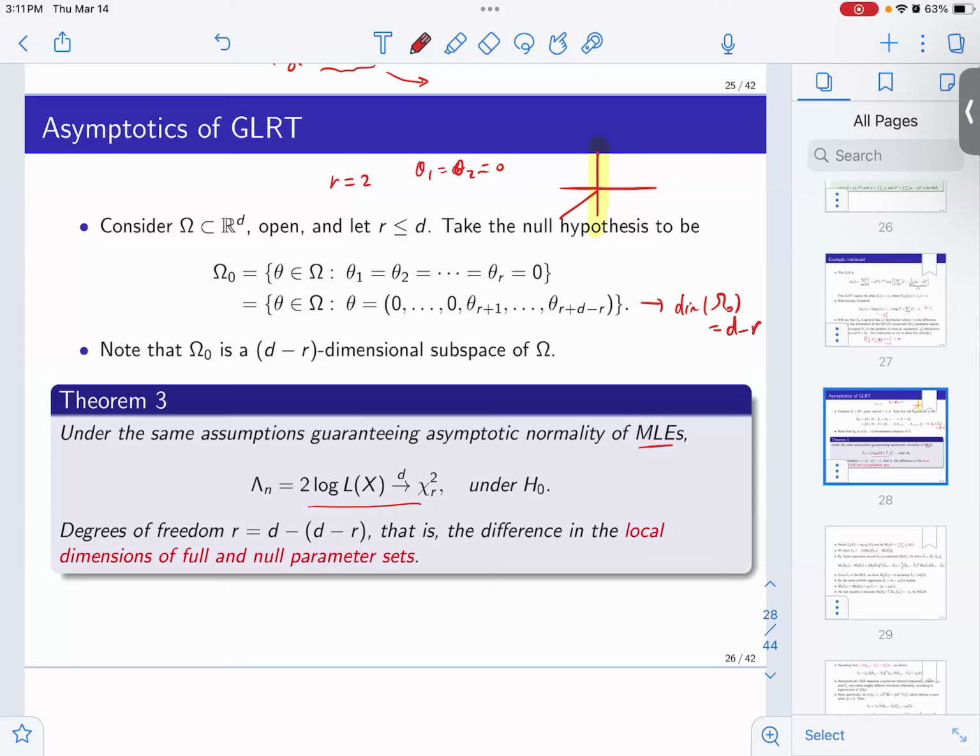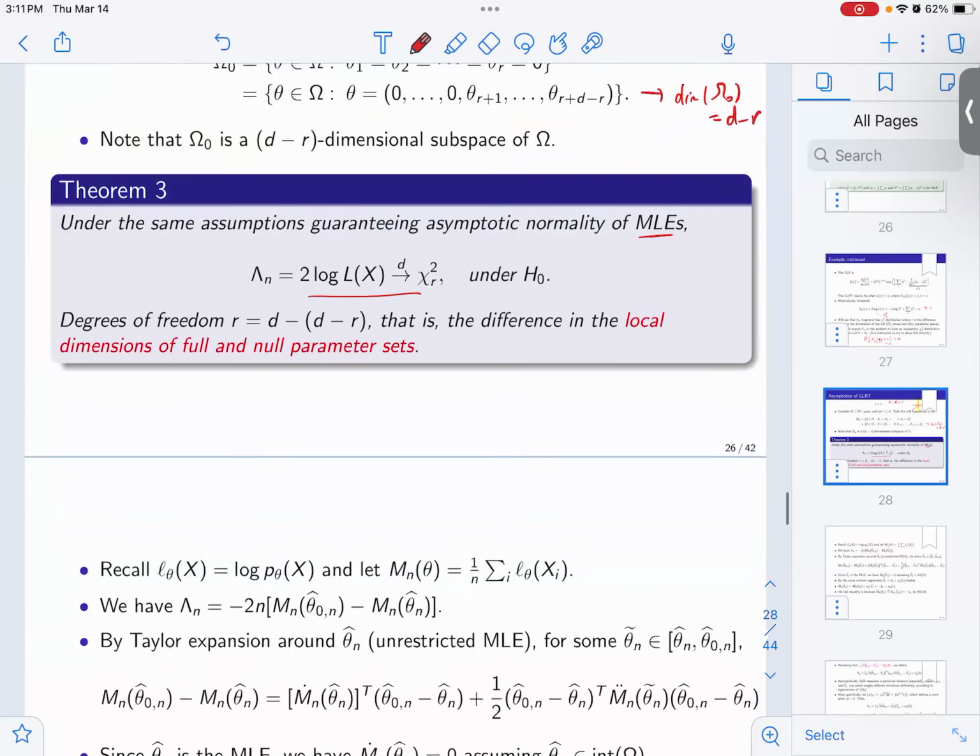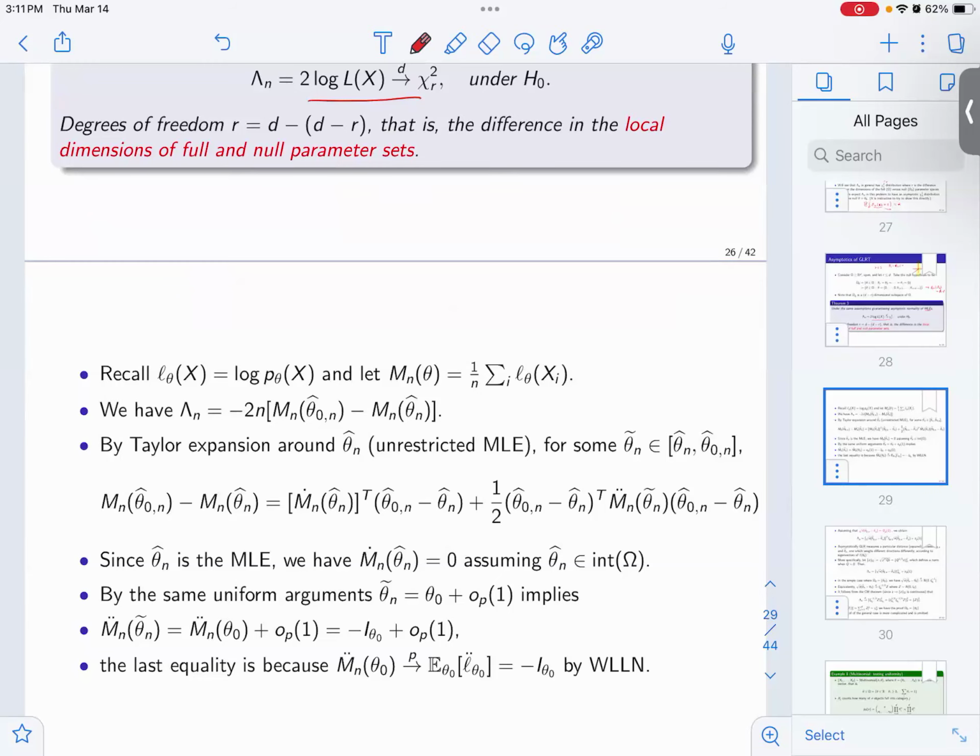For this case, you can actually prove this. But in general, there's a manifold, and locally it looks like Euclidean space. This is the local behavior of the space, null versus alternative.